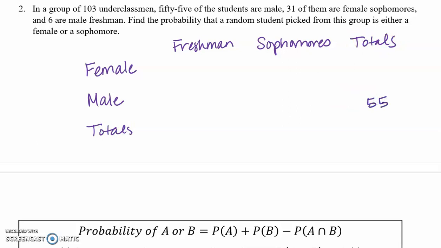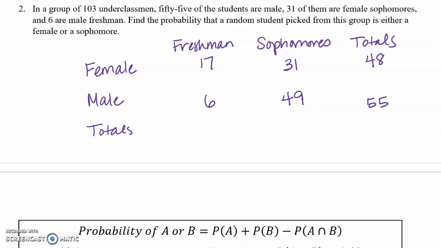If there's 103 underclassmen, that tells me that we have 48 females. 31 of the students are female sophomores. And so that tells me that I have 17 freshman females. And 6 are male freshmen. So that tells me that we have 49 sophomores.